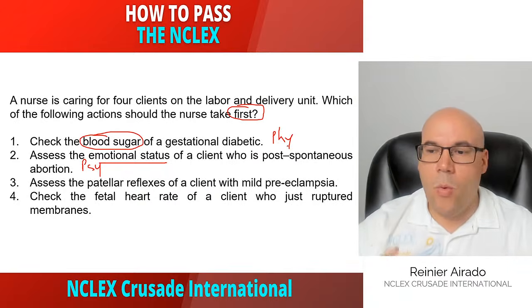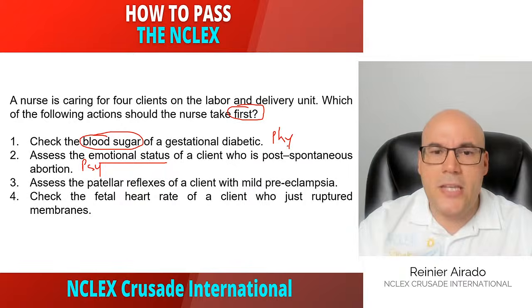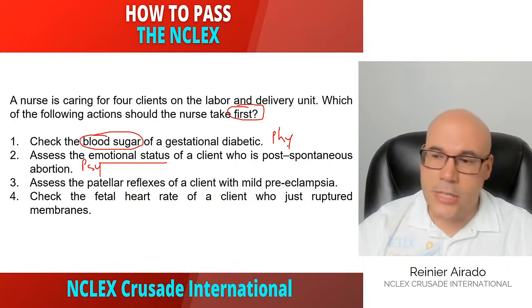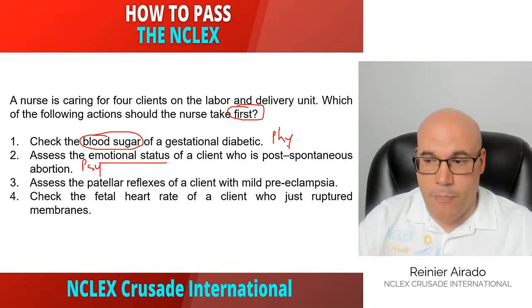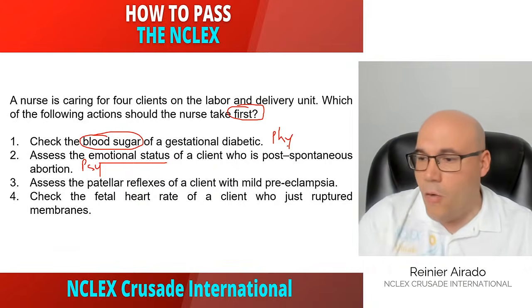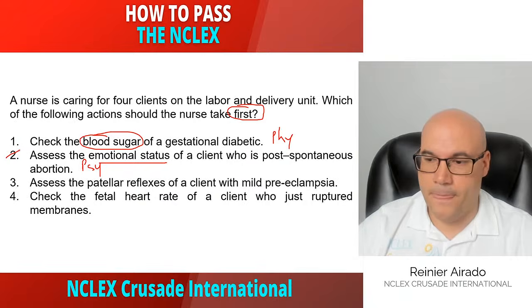So between 1 and 2, if you're going to see those 2 patients first, who will you see first? Well, I will say check the blood glucose level first. There is no clinical manifestation of a problem, but I have to prioritize a physiological need over a psychosocial need. Therefore, answer number 2, I can already eliminate it.